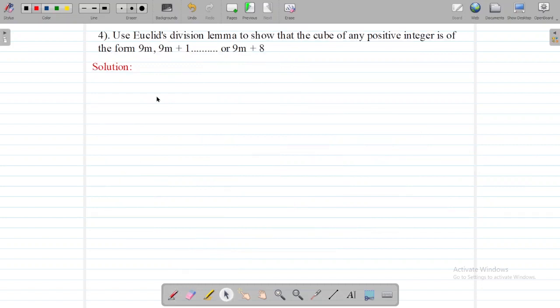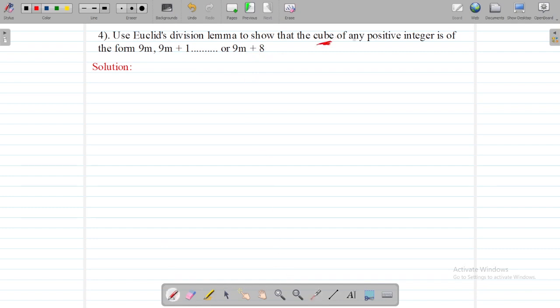Now let us see the next problem, fourth problem. Use Euclid's division lemma to show that the cube of any positive integer is of the form 9m, 9m plus 1 or 9m plus 8.